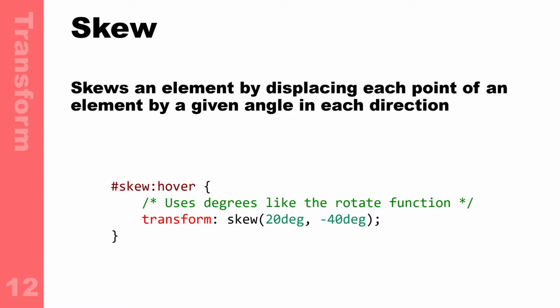Skew skews an element by displacing each point of an element by a given angle in each direction. That's a very fancy way of saying stretching. That is mostly experimentation. There is some math involved. I have learned the math, I understood the math, but I don't think I am capable of explaining it to you in a proper fashion.